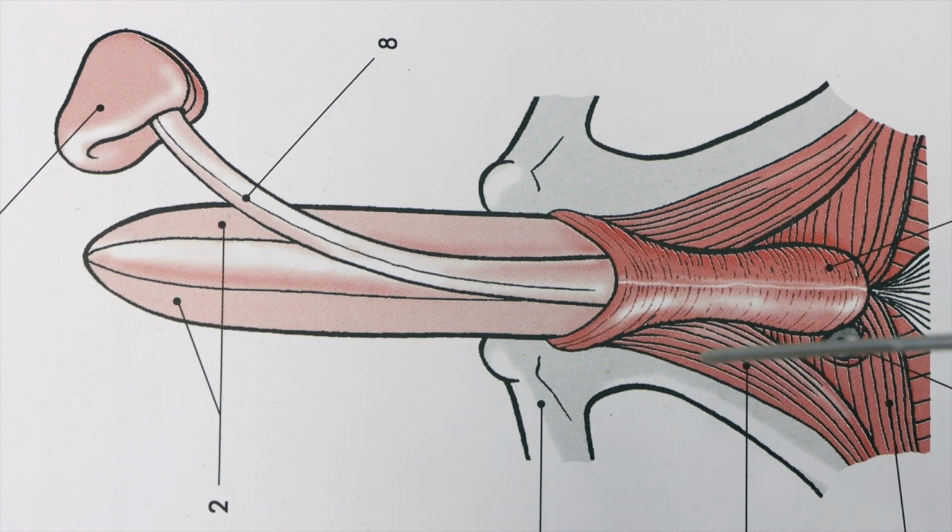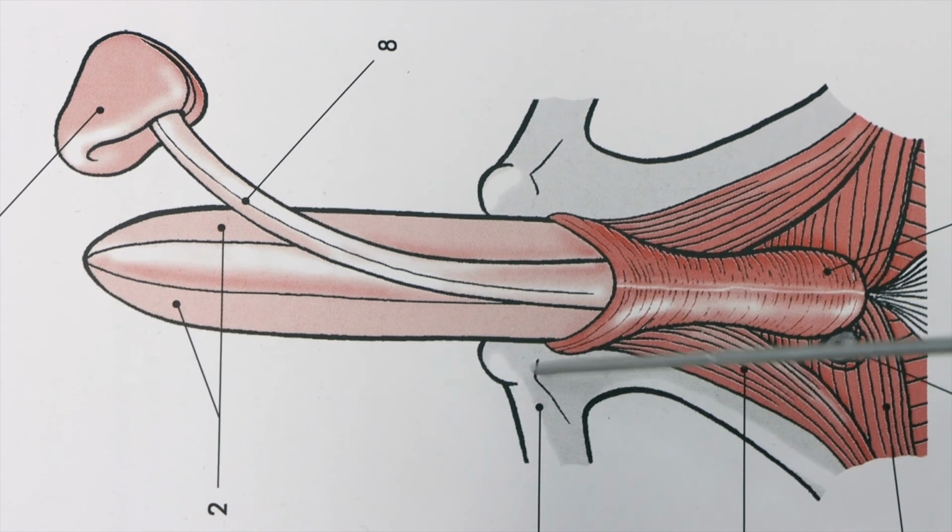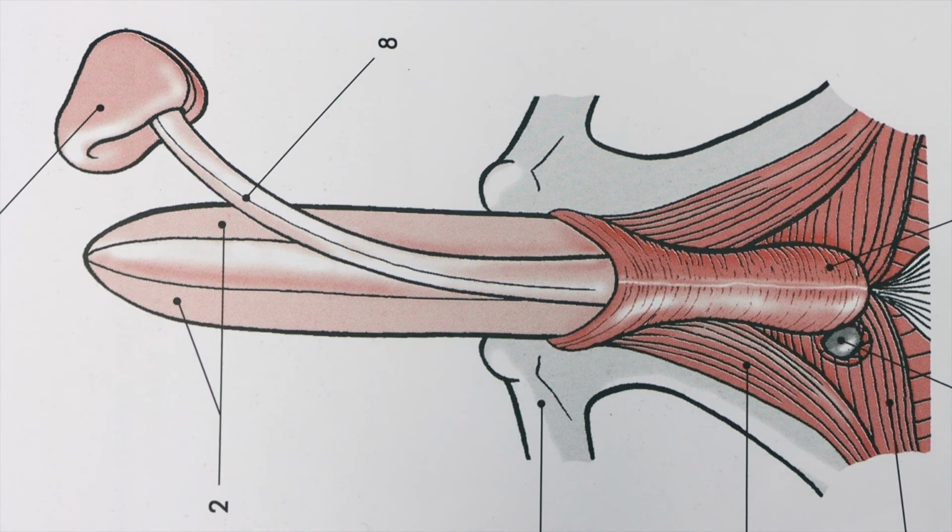And here you can see the pubic bone, which attaches the suspensory ligament of the penis to the deep fascia of the penis.